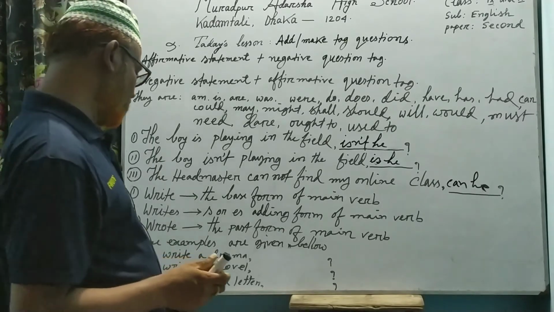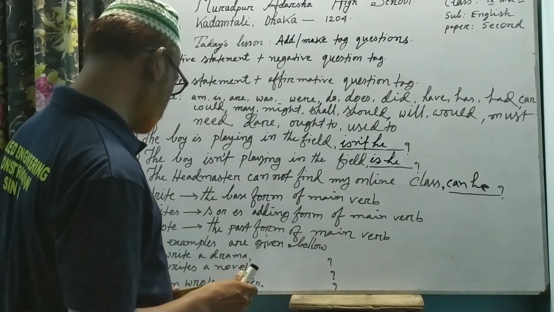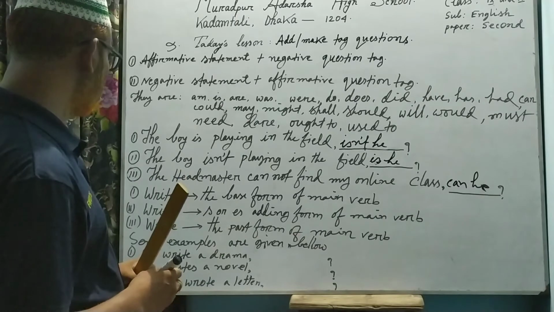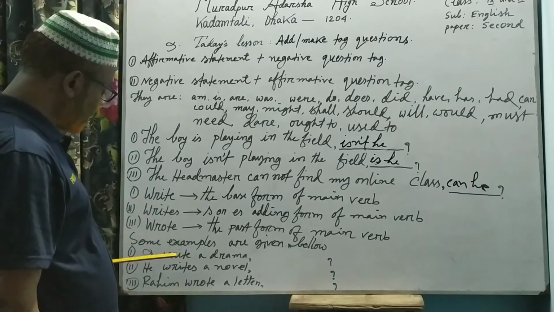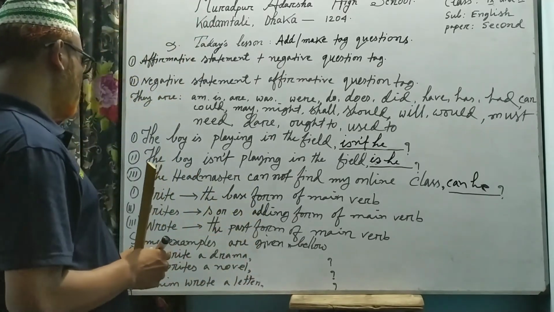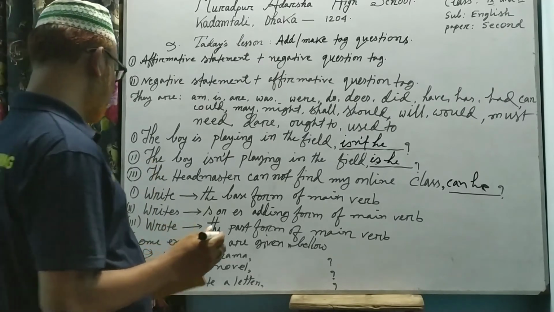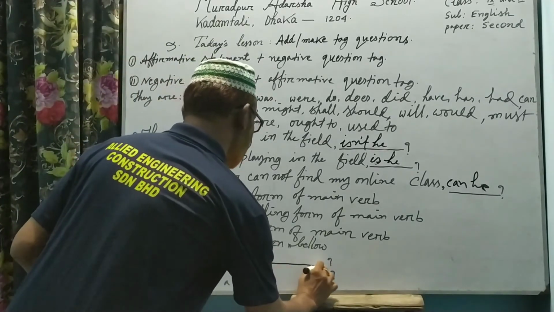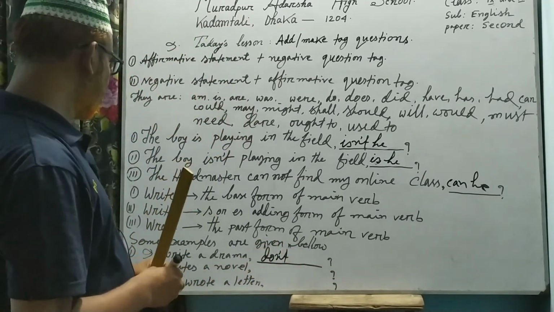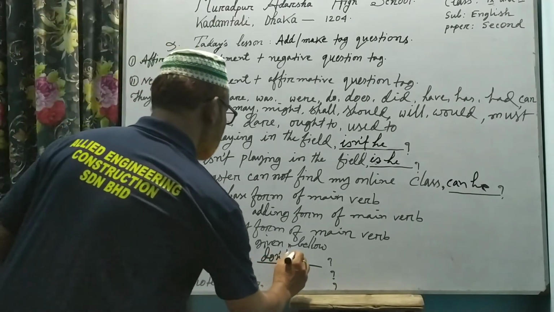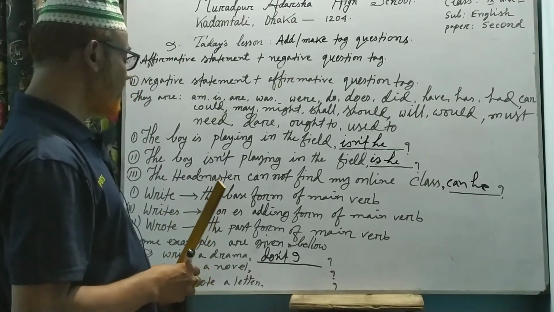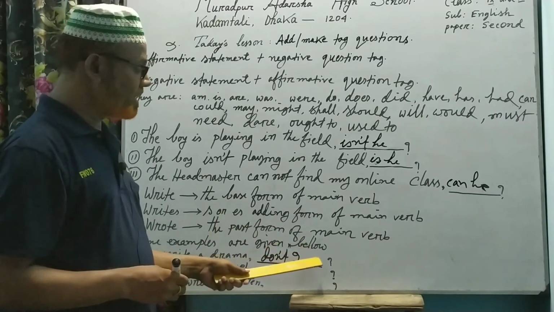So, according to the rules of making tag question, the negative short form of auxiliary verb don't will sit in the tag question, and then pronoun I, and at the last of the tag question the question mark will sit.